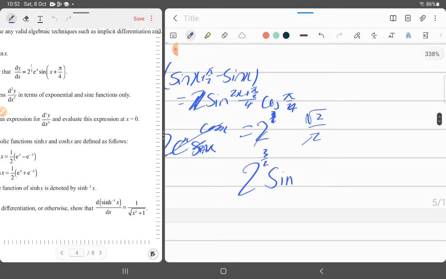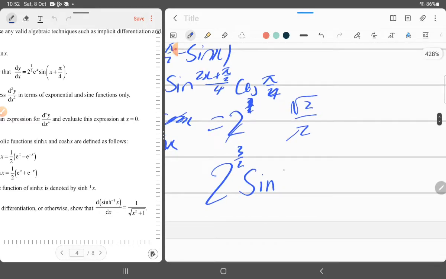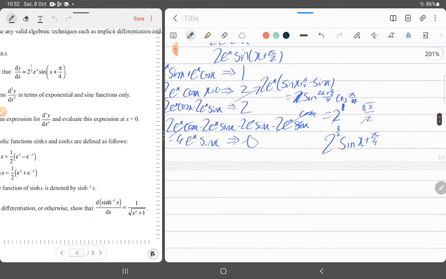It would be so nice if this just turns into 3 pi over 4. This just turns into sine x plus pi over 4 again. Wait, oh no, actually no. So just 2.